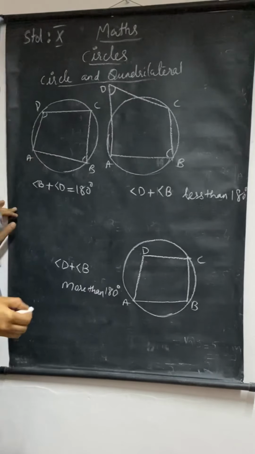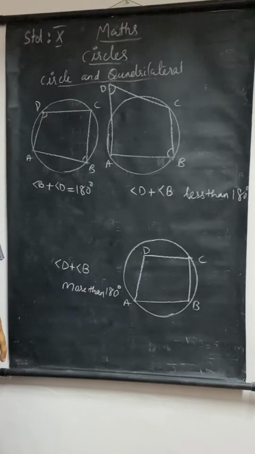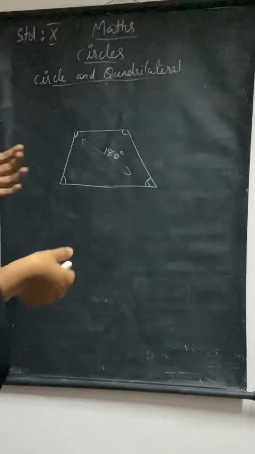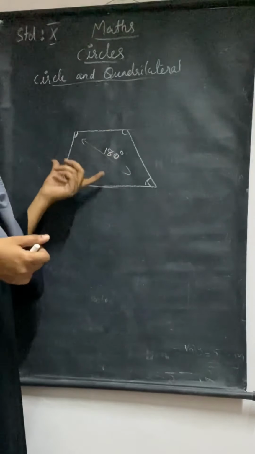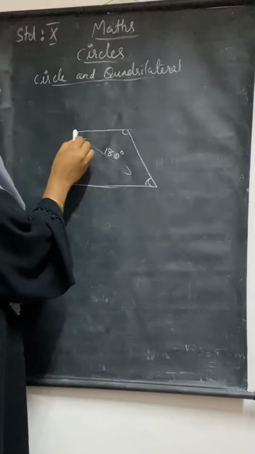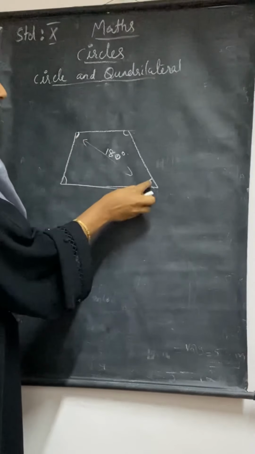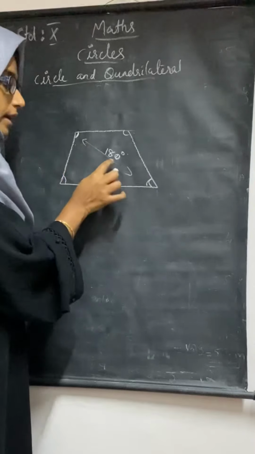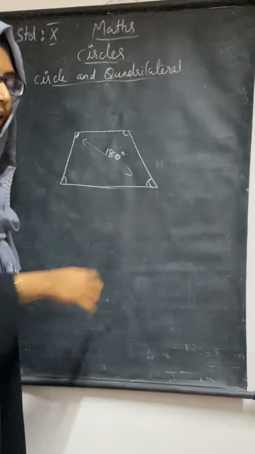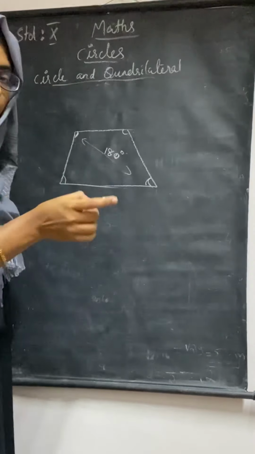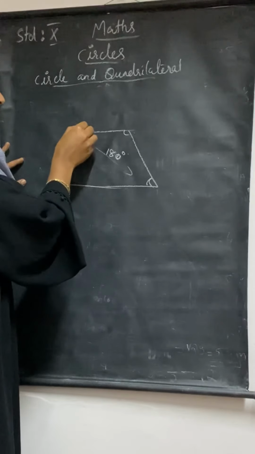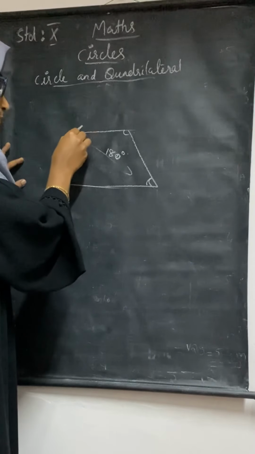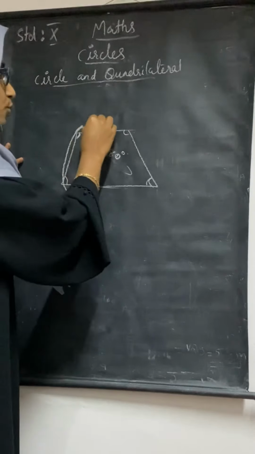So this is the main thing you are studying here. Here you can see one quadrilateral with 4 angles. If I say these opposite angles are supplementary, that is, if I add these 2 angles and get 180 degrees, then I can draw a circle passing through all these 4 vertices.